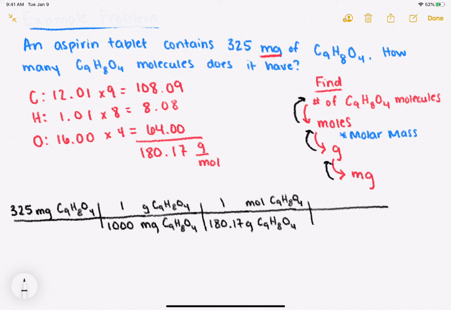And once we get to moles, we know we can get to molecules because we know Avogadro's number. Because we know that 1 mole of C9H8O4 is equal to 6.022 times 10 to the 23rd molecules. And I ran out of space, but that is molecules of C9H8O4. So go ahead and pause the video, solve the math on your own.